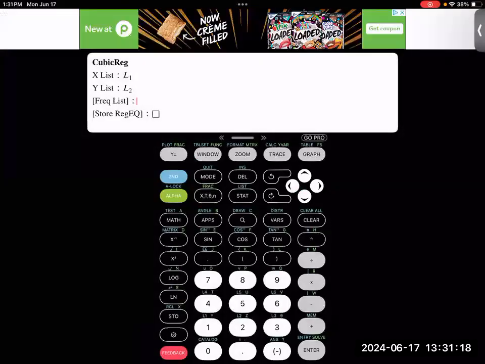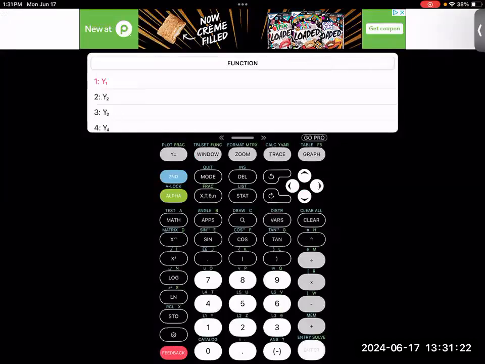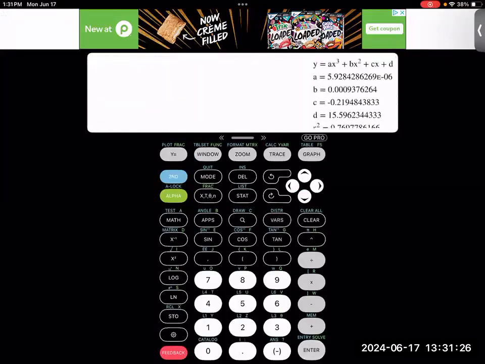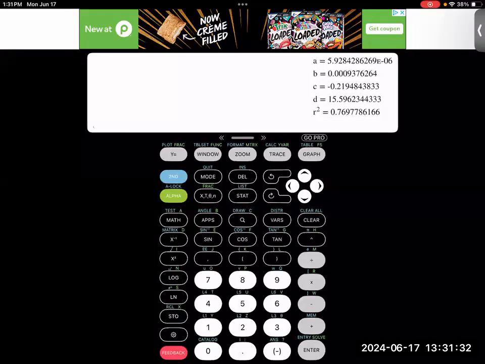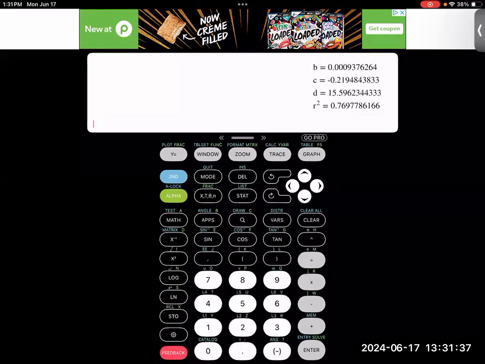Okay, list 1 is my x values, list 2, perfect. Let's go ahead and store your equation. All right, right there you see your equation. Definitely jot it down to the best of your ability. I'm also going to take a look at right here, right now, your R squared. We don't have R, so we can go ahead and find that by rounding to 4 decimal places.